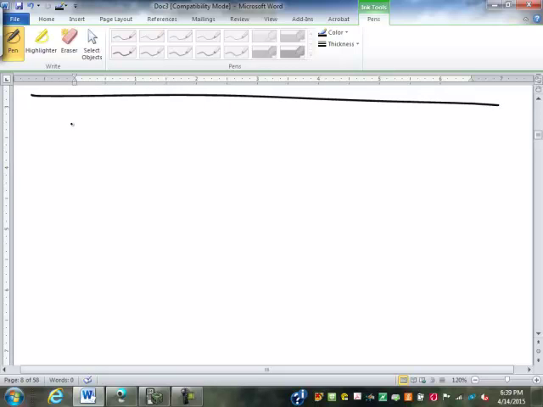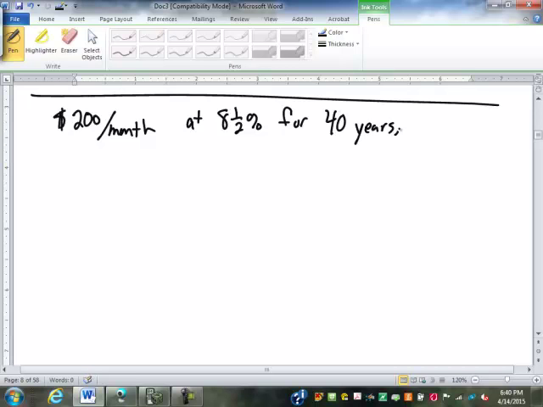Now let's take a look. Let's say that we have someone who invests $200 a month, we're going to give them 8.5% for 40 years. And what I want to do is find the equivalent single payment.